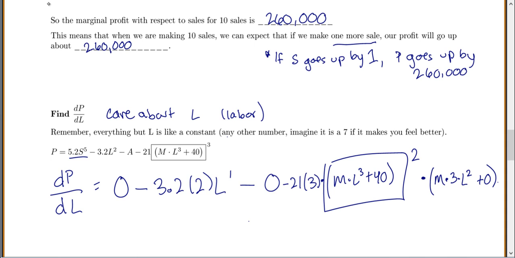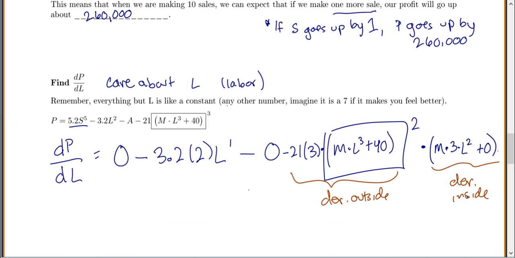Okay, so again, this was our general power rule we just learned about in the last section. So this is the derivative of the outside, and this is the derivative of the inside. So we do have a fair amount of simplifying to do.